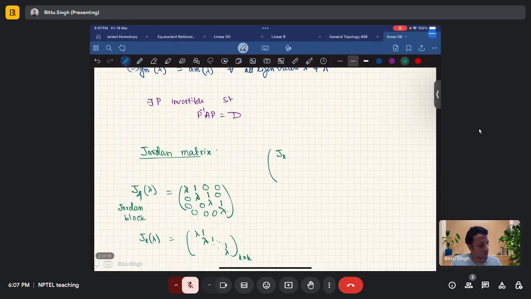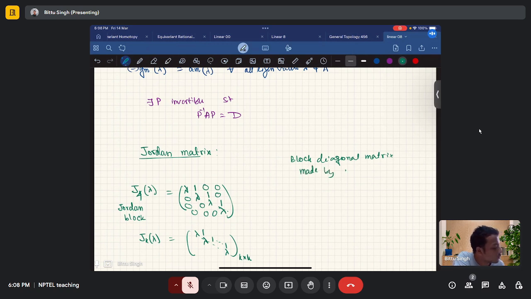This is called a Jordan block. Now let us create a block diagonal matrix made from those Jordan blocks.